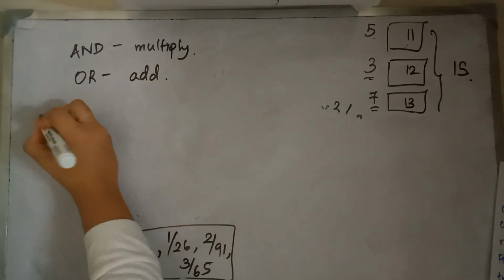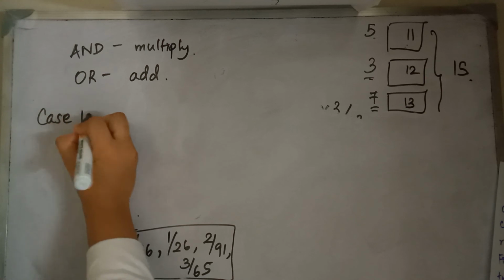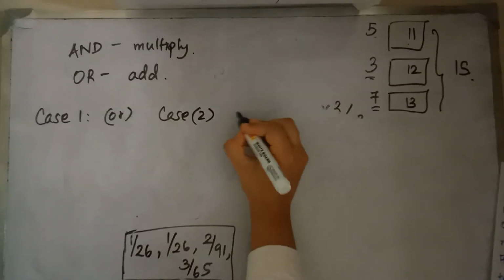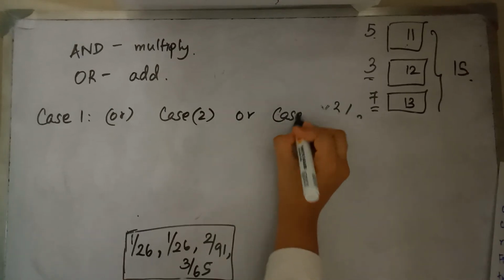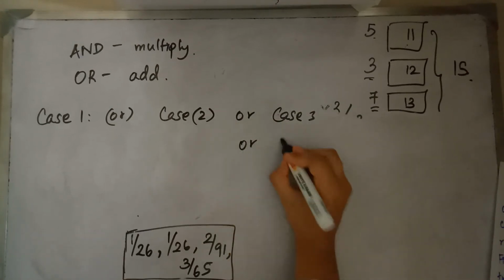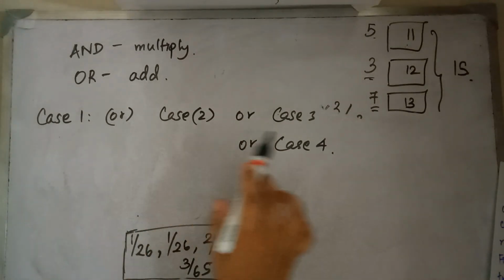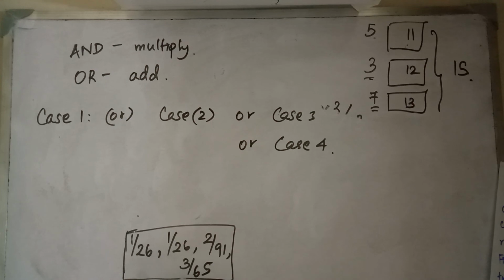In this case, what did I actually do? It could be case 1 or case 2 or case 3 or case 4. It could be this or this or this or this. So what do you have to do? You have to add everything up.